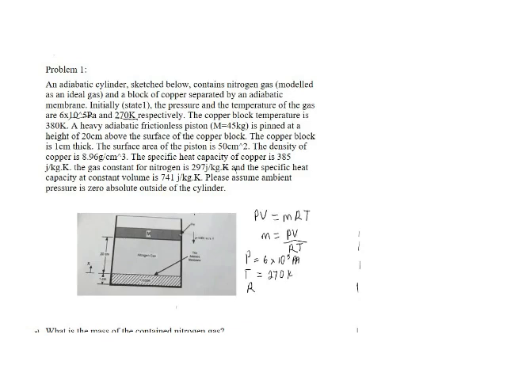Our R is also given, which is 297 joules per kilogram Kelvin. So what is missing from our formula is only volume, and this volume can be obtained from our cylinder.